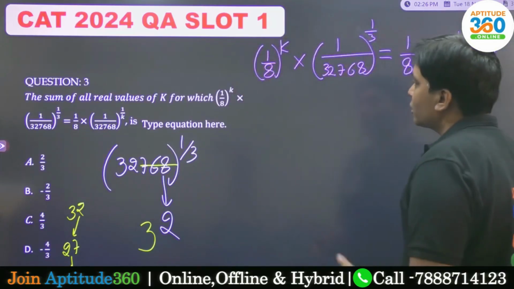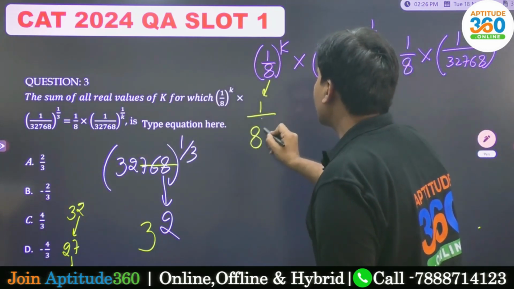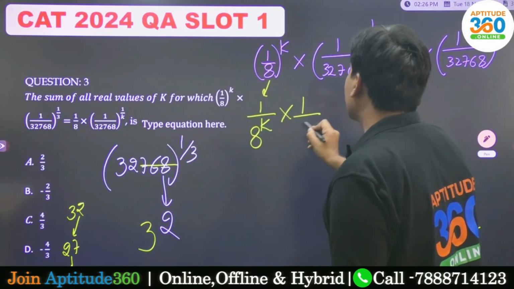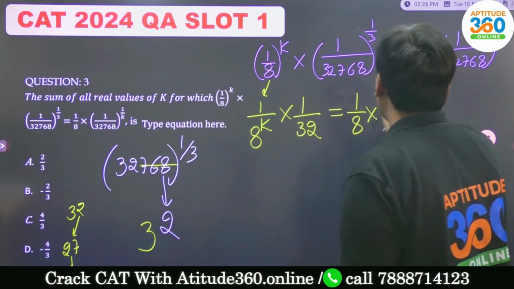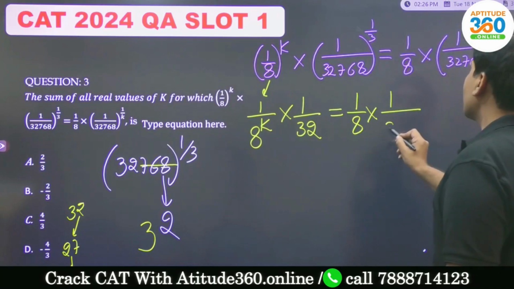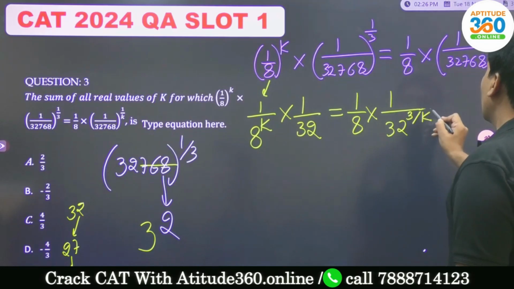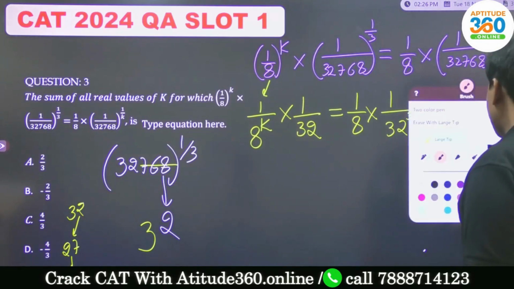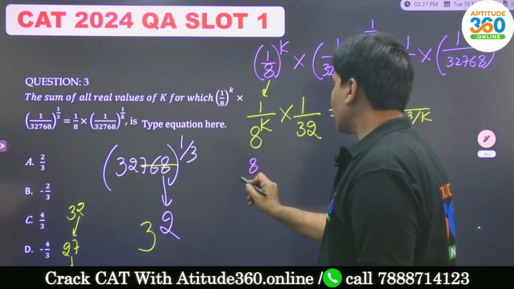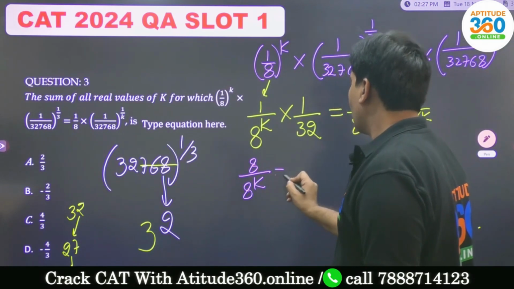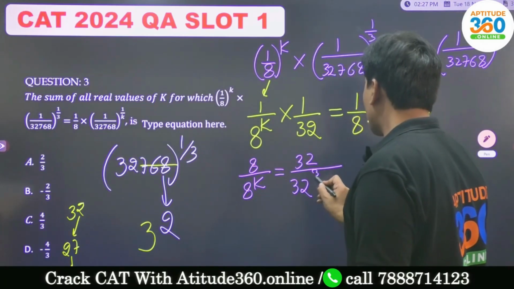Now, since you have understood this, that's what I am assuming, it is going to be 1 upon 8 raised to k. And this is nothing but, now it is 32, isn't it? And 1 upon 8, and then this value again is 32 raised to 3. So I can write this as 32 raised to 3 upon k, isn't it? Then if 8 goes to this side of equality, it becomes 8 over 8 raised to k, and 32 raised to 3 by k.